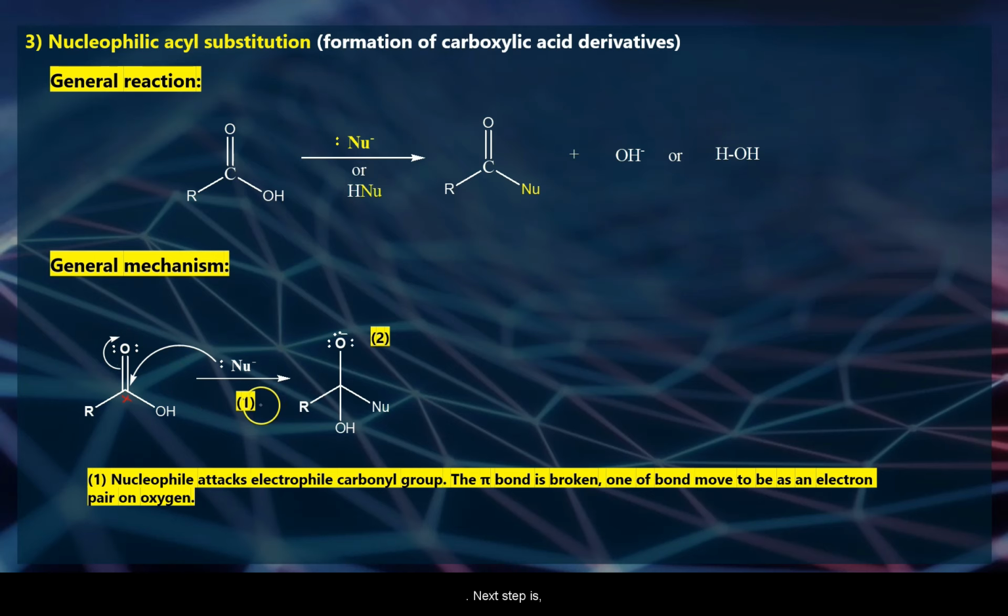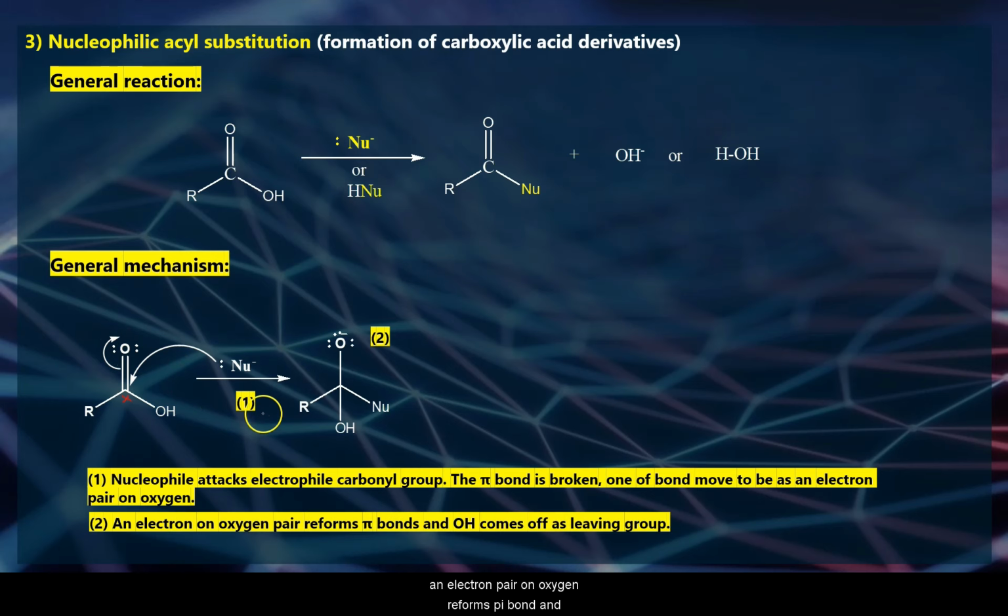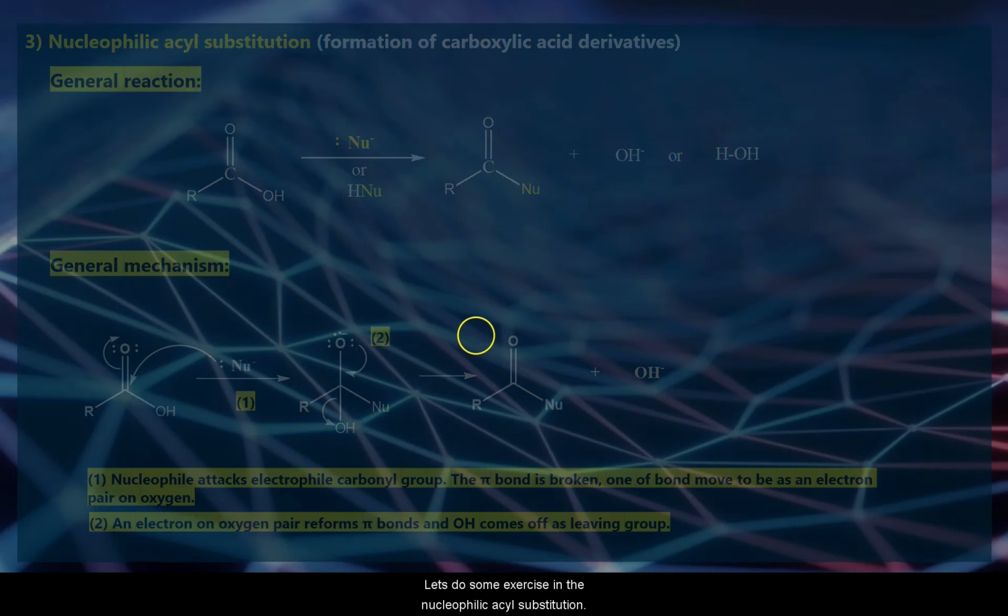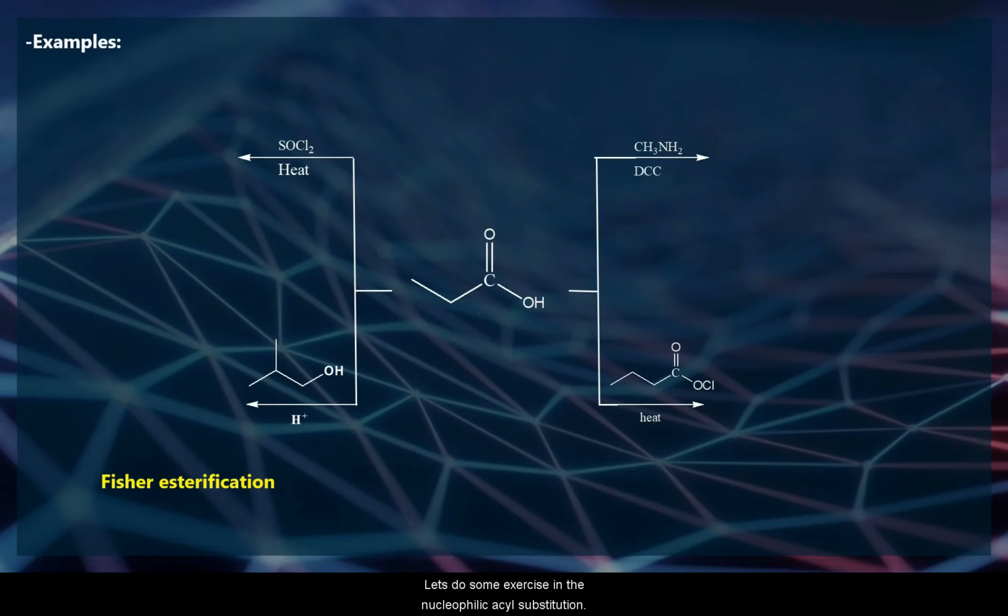Next step, an electron pair on oxygen reforms the pi bond and hydroxyl group comes off as leaving group. Then you will get the final product. Easy, right? Let's do some exercise in the nucleophilic acyl substitution.